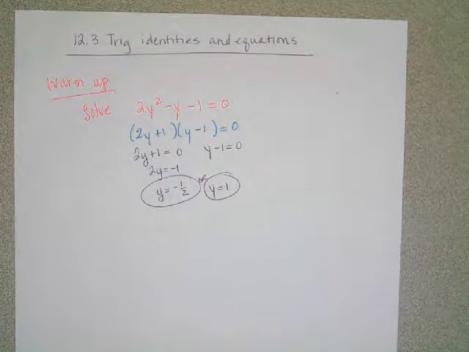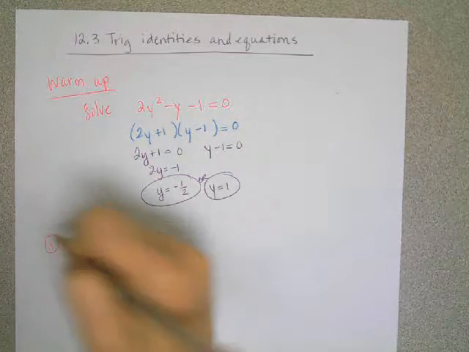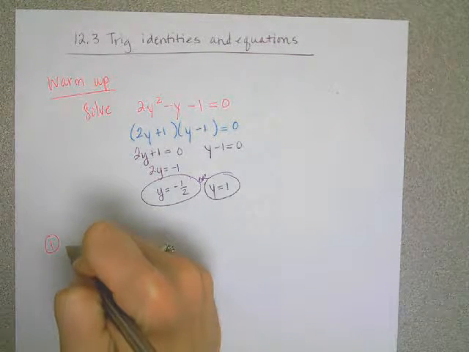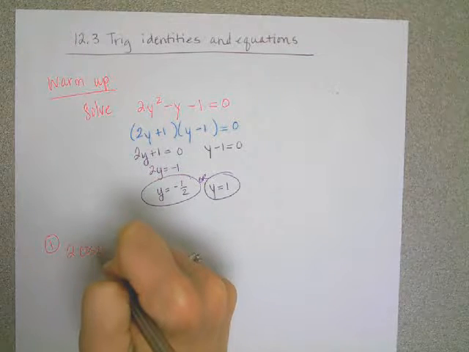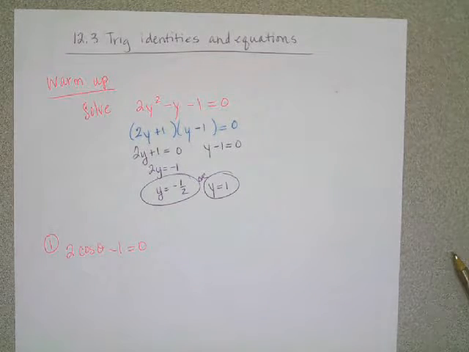That's what we're going to do today, but we're going to use trig identities or equations when we're solving. We might have to incorporate the unit circle as well. So for your first example, I want you guys to solve 2 cosine theta minus 1 equals 0. So to do this, we've got to solve.